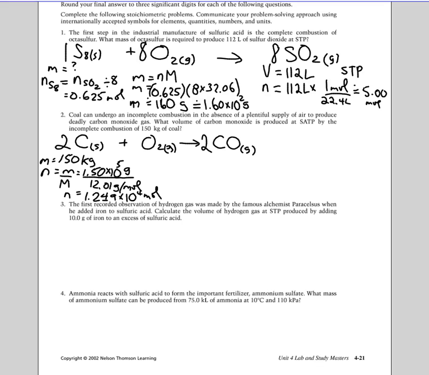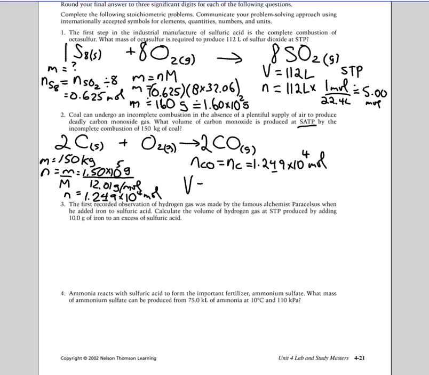This is related 1-to-1 with carbon monoxide. So the moles of carbon monoxide would be exactly equal to the moles of carbon. So that's, again, 1.249 times 10 to the 4 moles. And since this is a gas, I can relate this to a volume by looking at the conditions, standard ambient temperature and pressure.